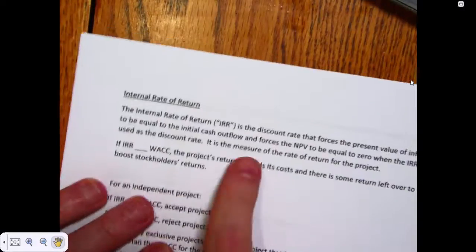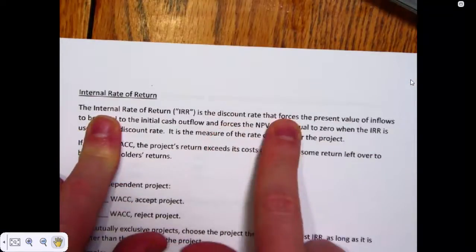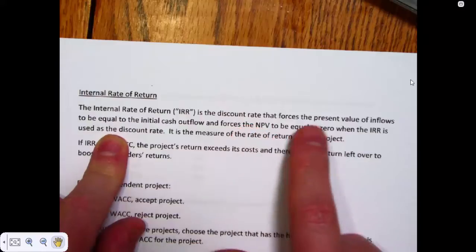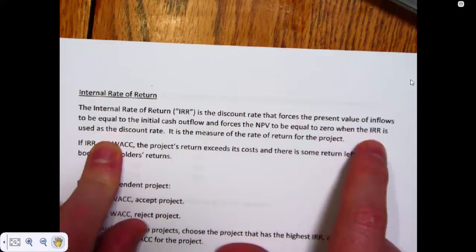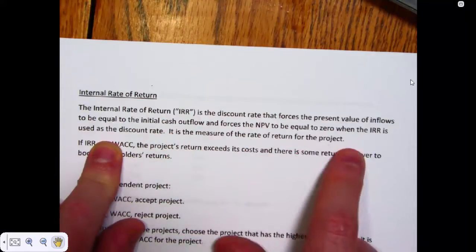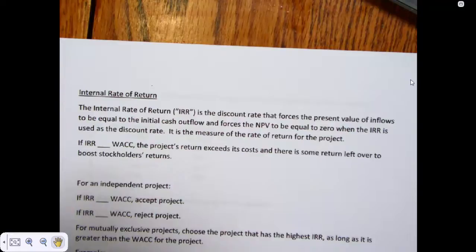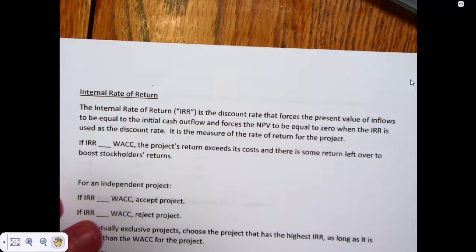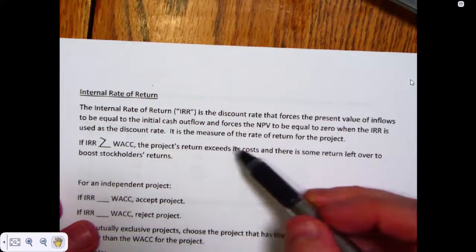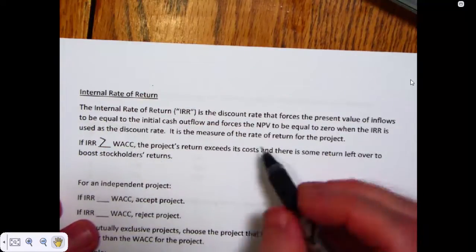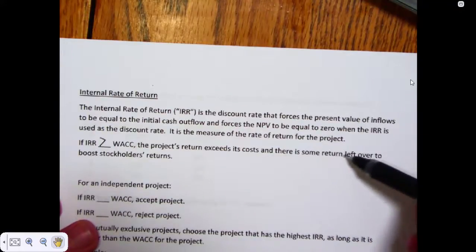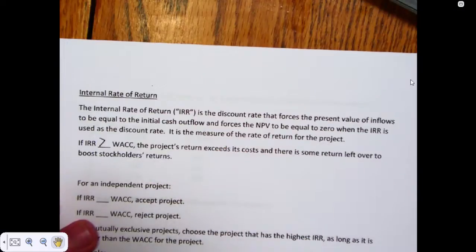The internal rate of return is the discount rate that forces the present value of inflows to be equal to the initial cash outflow and forces the NPV to be equal to 0 when the IRR is used as the discount rate. It is the measure of the rate of return for the project. So if the IRR is greater than the weighted average cost of capital, the project's return exceeds its cost. Think of that as capital cost, our weighted average cost of capital, and there is some return left over to boost stockholders' returns.